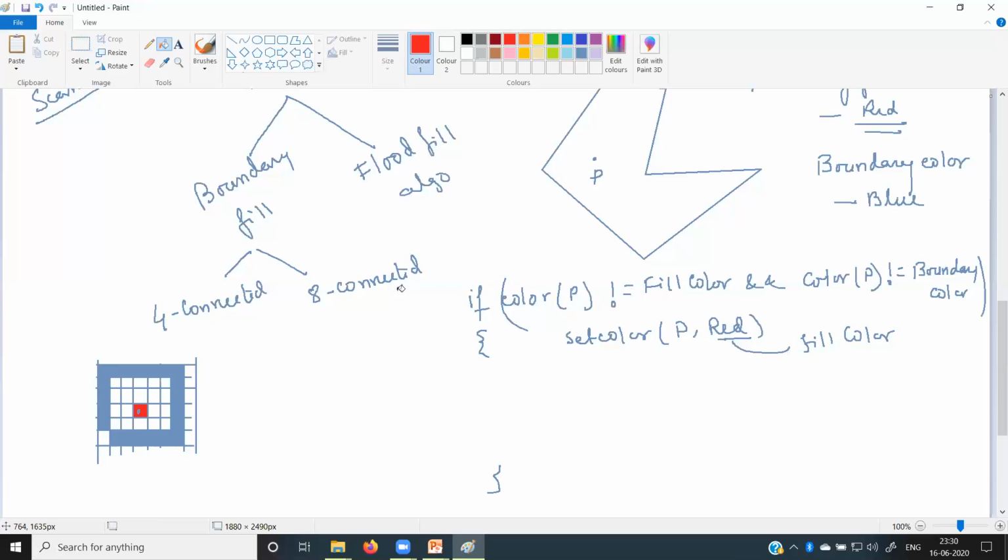Now after coloring it red, if it is four-way connected, then it will select the four nearest neighbors. So who are the four nearest neighbors?